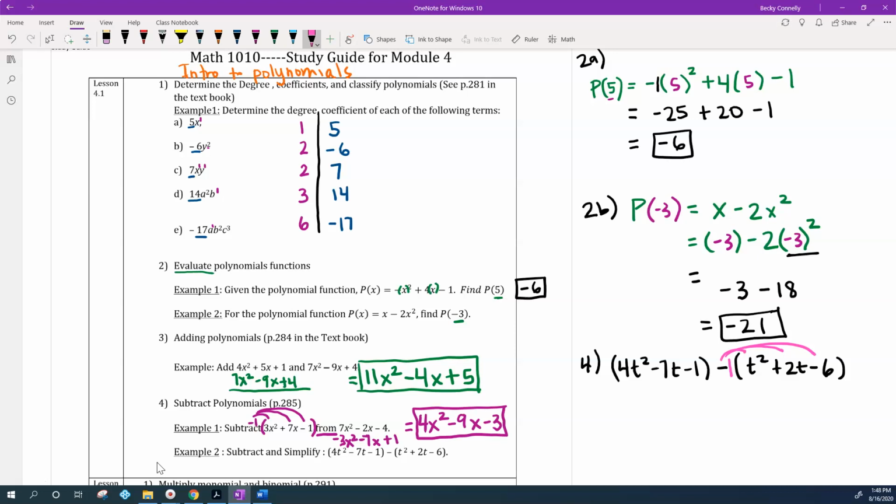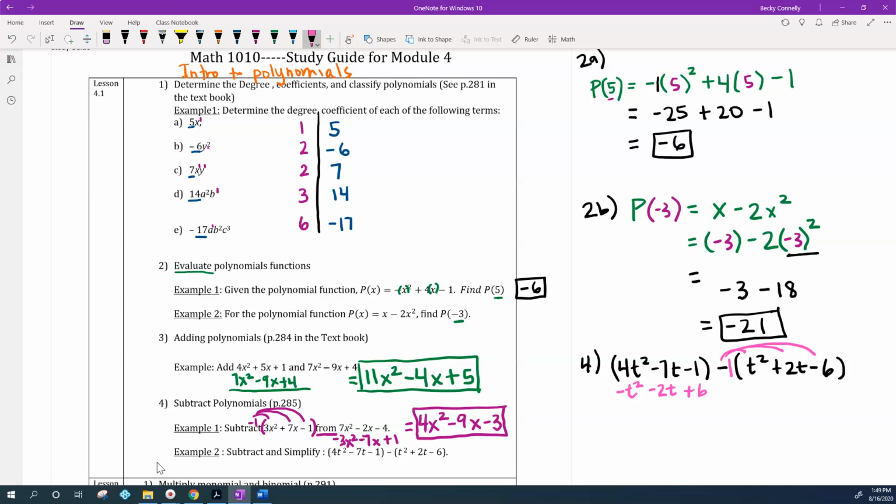And again, when I do that, I like to line it up underneath so I have my like terms lined up. So when I do that, negative 1 times t squared is negative t squared. Then negative 1 times 2t is negative 2t. And negative 1 times negative 6 is a positive 6.